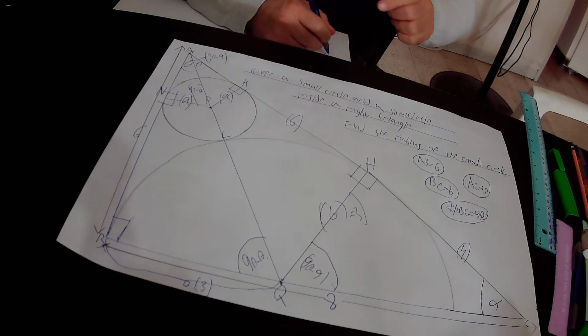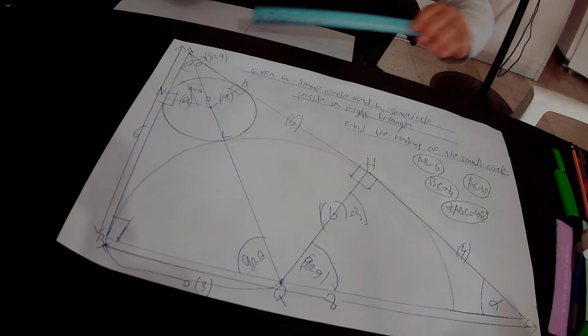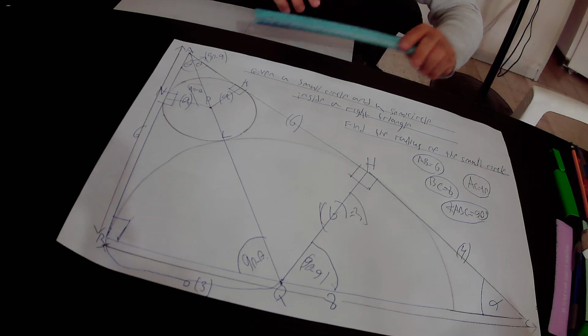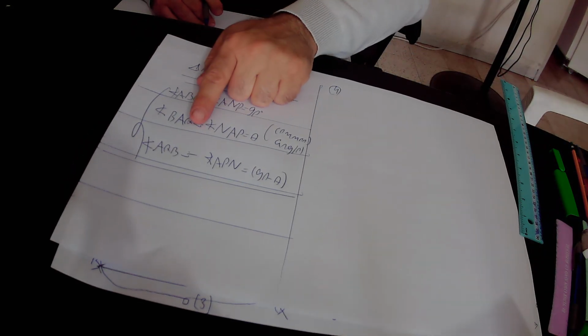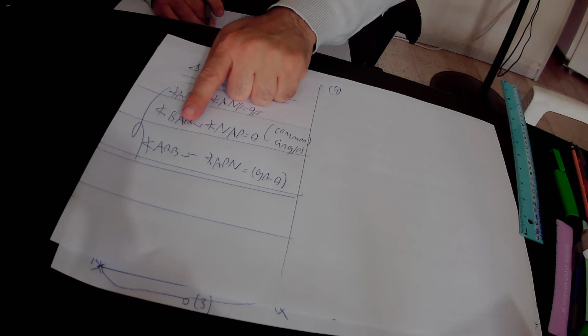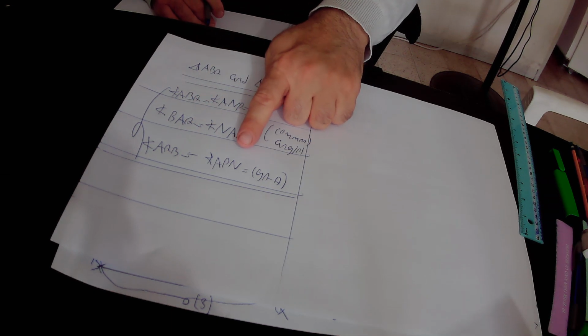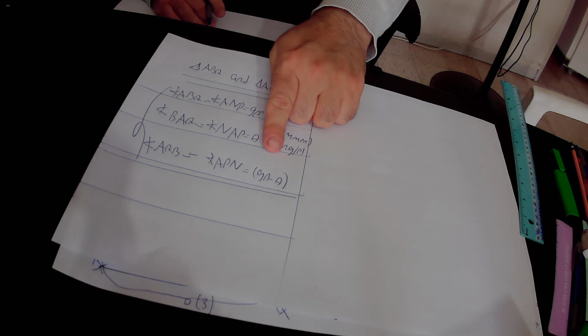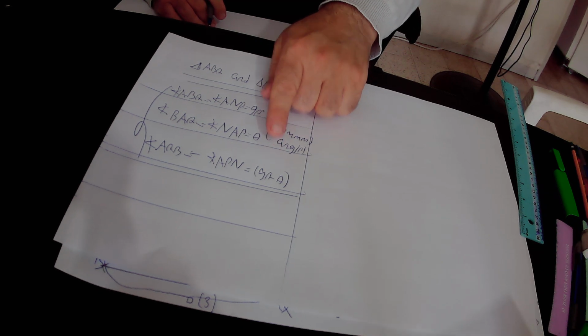Repeat again: angle AQB in the right big triangle ABQ equals angle APN in the right small triangle ANP. They are both equal to 90 degrees minus theta, therefore they are equal to each other.